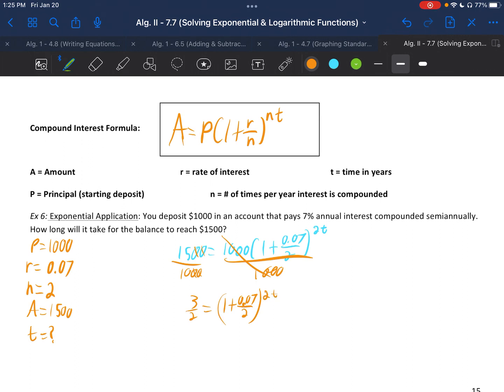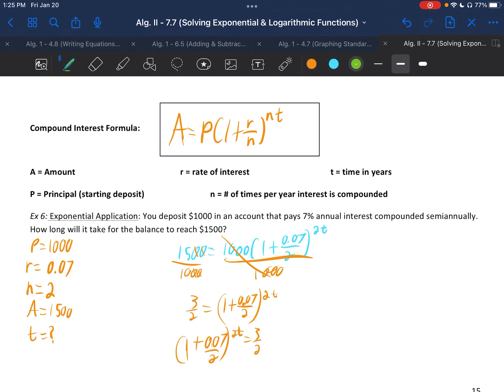So now we're going to do that same spiral method that we were doing a moment ago and turn it into a logarithm. But just keep in mind, we typically did it when this part was on the left-hand side. So we'll really put it on the right-hand side here. 1 plus 0.07 over 2 to the power of 2t is equal to 3 over 2. That might help some of us there if we put it that direction.